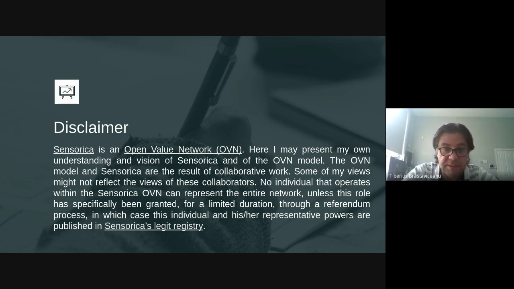These are just my ideas. I thank all the people that have contributed to develop Sensorica and the models since 2010, 2011. That was a long span of development, and hundreds of people have gone through the network. So this is not just my work.